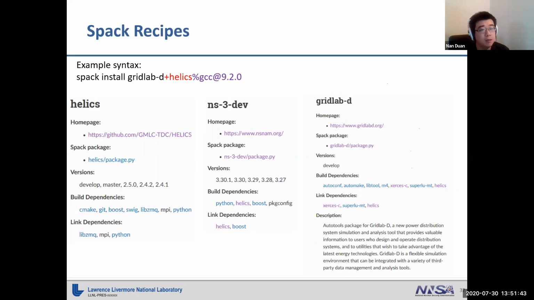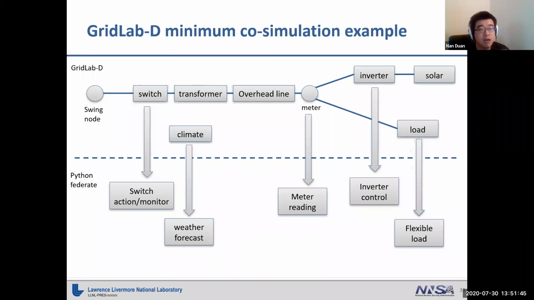together. And I mentioned you can run a very small example. That's also something we are including in Access Core. Very often, when you are building one software, you have unit tests that you can run through to double check whether your software is built correctly. But you are building multiple software here. We actually developed this kind of minimum example to help you double check, if you build GridLAB-D with the HELICS feature, whether they are built correctly.